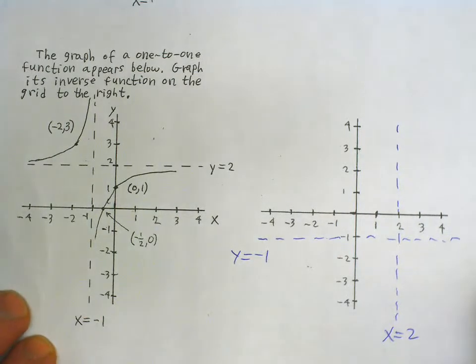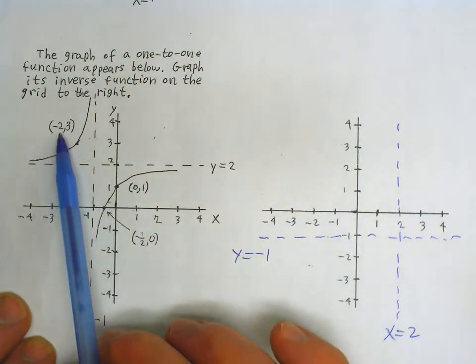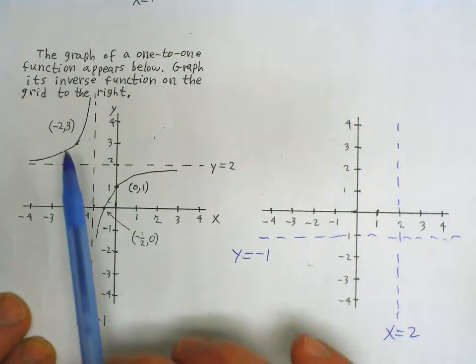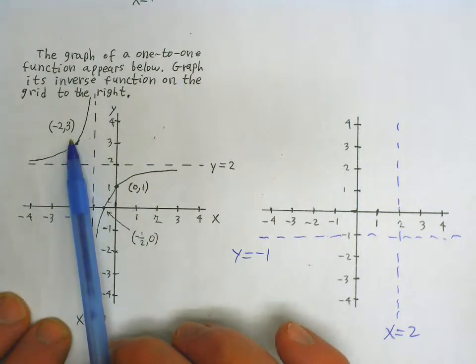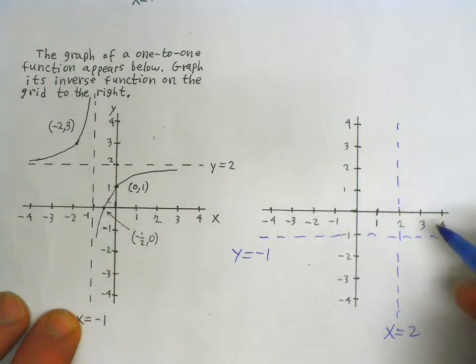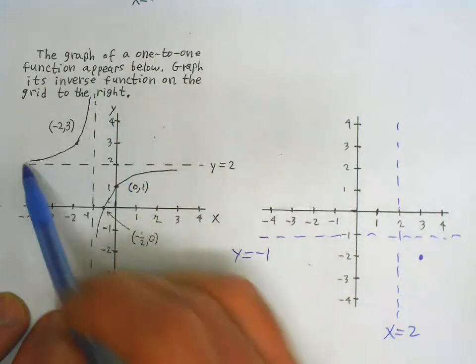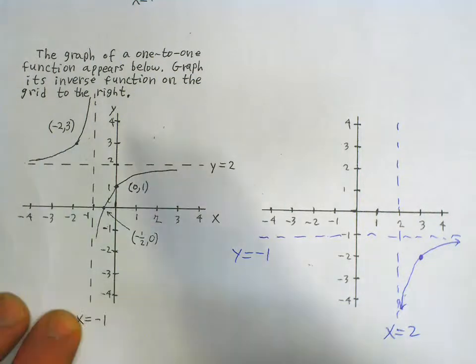Okay, then we can figure out what the rest of the graph looks like by interchanging the ordered pairs that we see. This point, -2, 3, on the graph of this function, corresponding to that on the inverse is 3, -2. That's down here. And we can graph this part on the inverse. It's just going to follow the same sort of pattern. It's just a reflection of that.